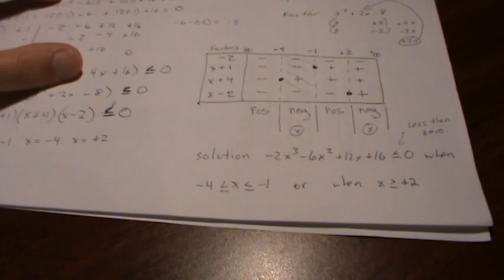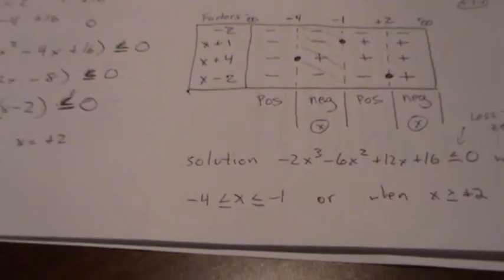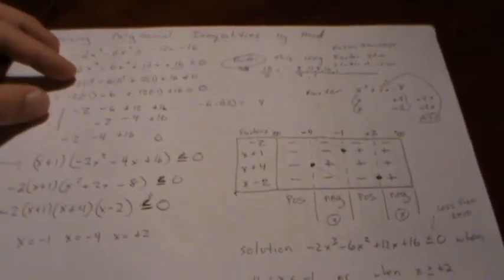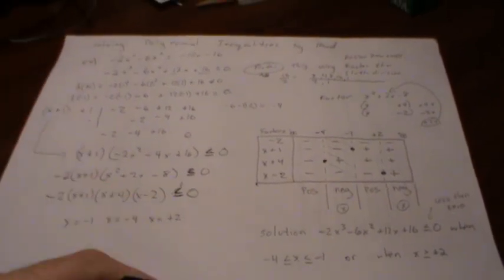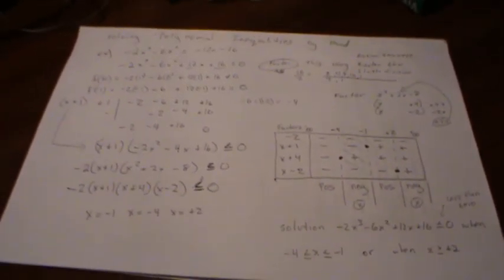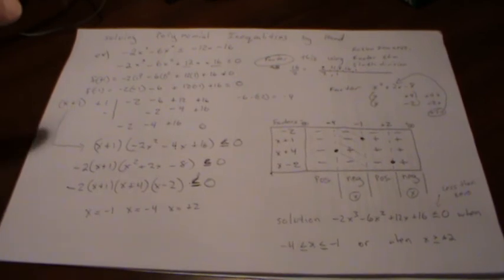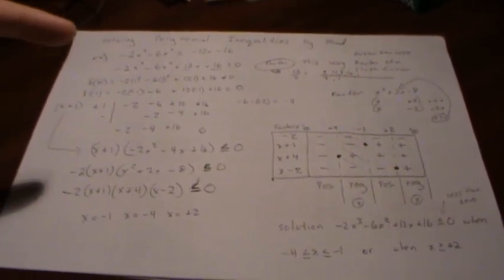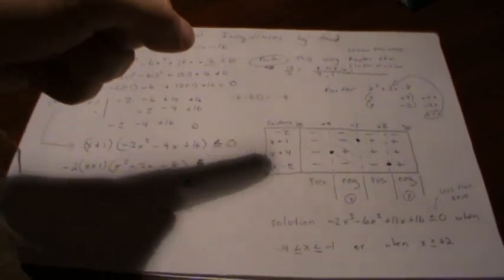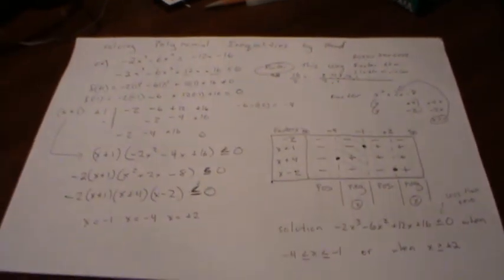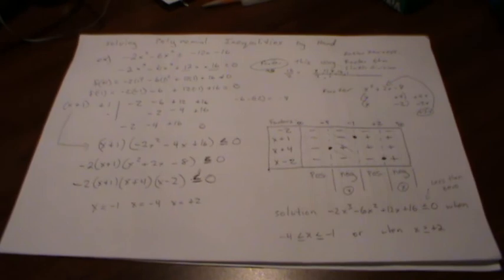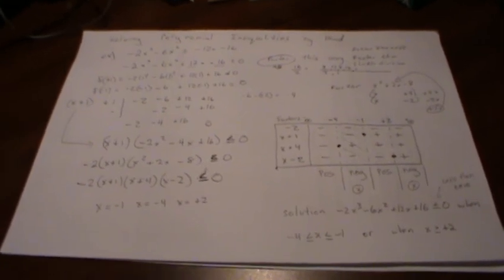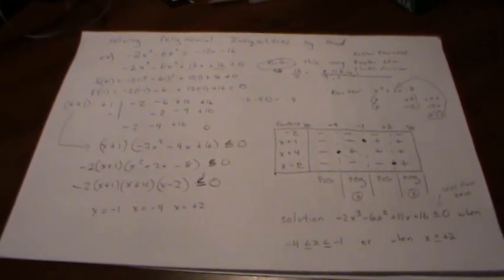And so that would be the solution for solving inequalities by hand. All right? So you begin by factoring. Once you've factored, you build a factor chart. It seems like a lot of work, but when you get going, it's not too bad. Okay, thanks.